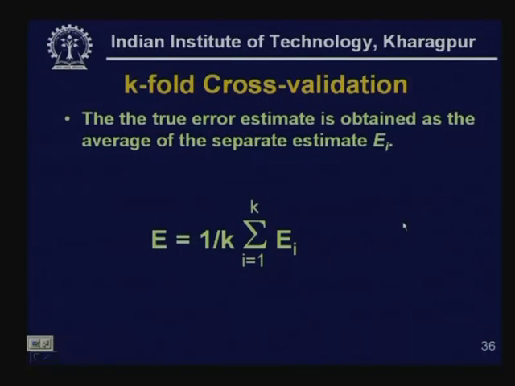So, in k-fold cross validation, the true error estimate is obtained as the average of the k estimates of error.